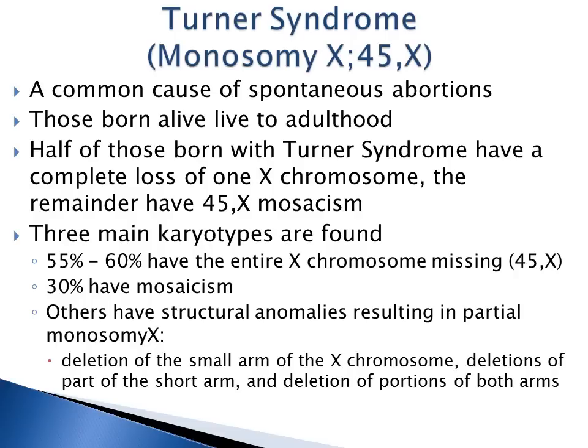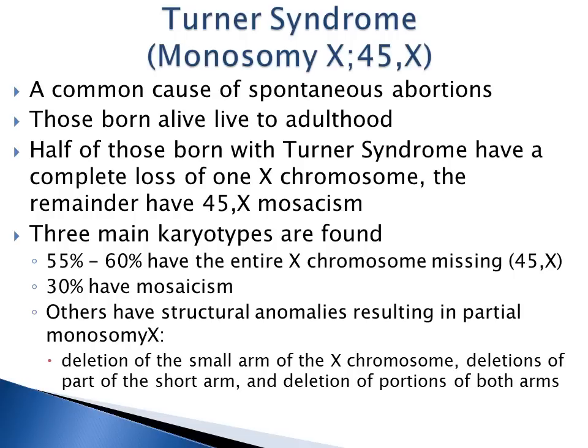In Turner syndrome, you can actually get spontaneous abortions. However, those that are born alive tend to live through adulthood. Half of those born with Turner syndrome have a complete loss of one X chromosome, and the remainder have 45,X mosaicism. There are three main karyotypes that are found in individuals with Turner syndrome.